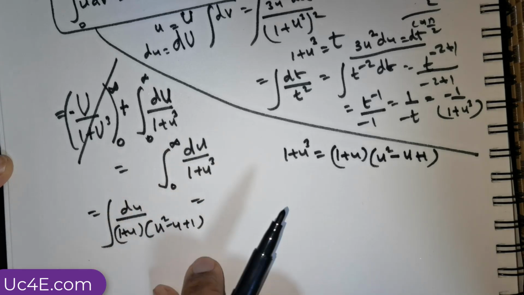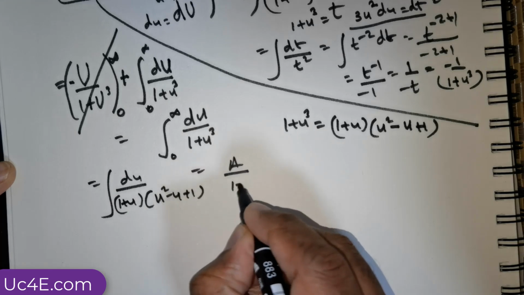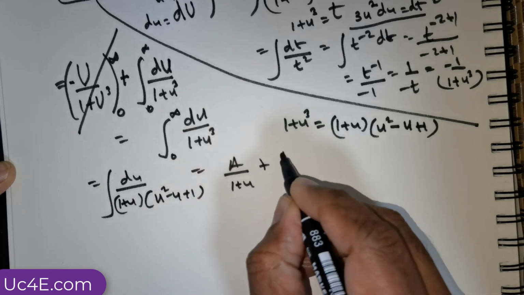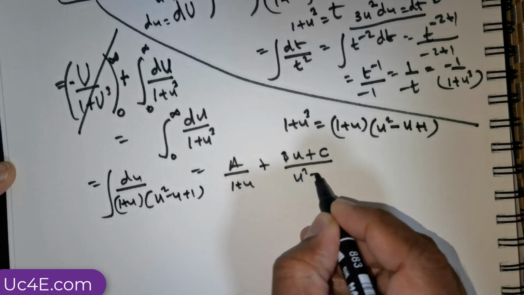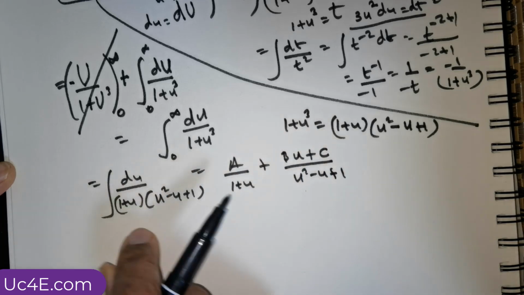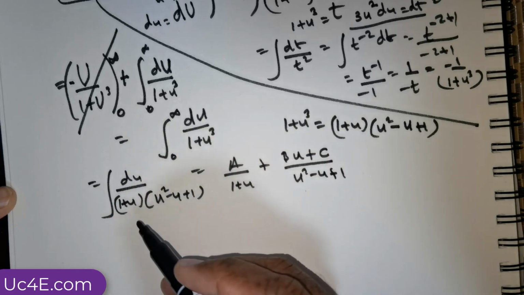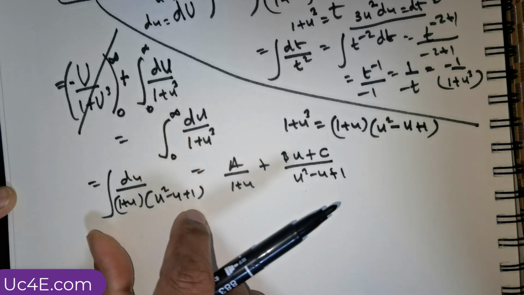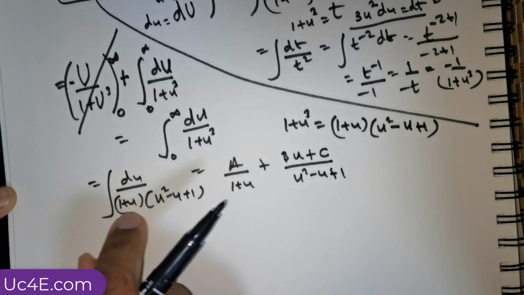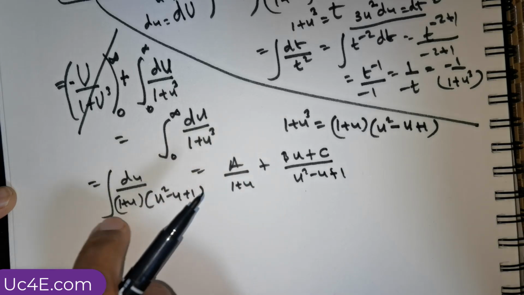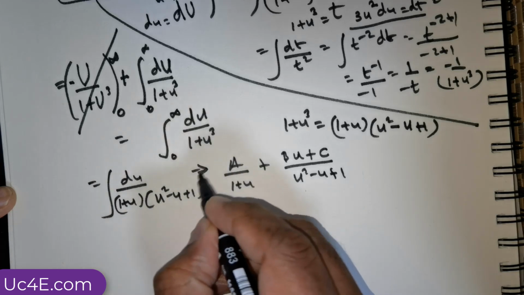I'm going to integrate it by partial fractions. So this is going to be a over 1 plus u plus b u plus c divided by u squared minus u plus 1. You cross multiply. In fact, what I could have done is represent the quantity as 1 over 1 plus u times u squared minus u plus 1. So let me just write it.